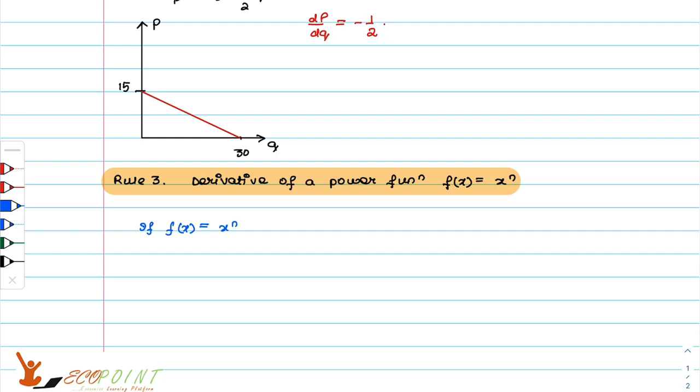If f(x) is equal to x to the power n, then f dash x is n x to the power n minus 1.